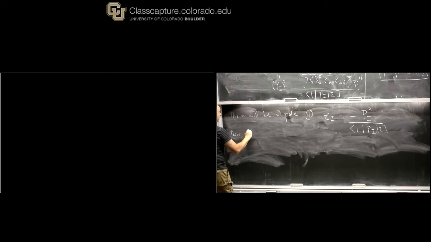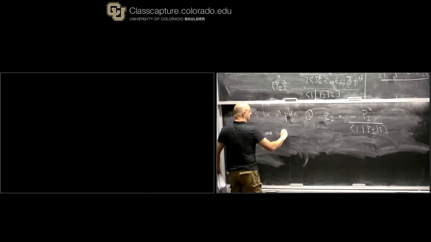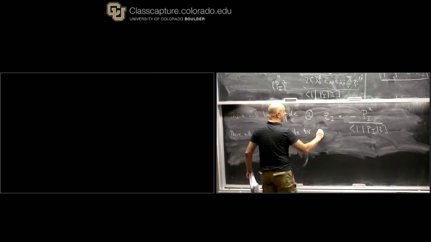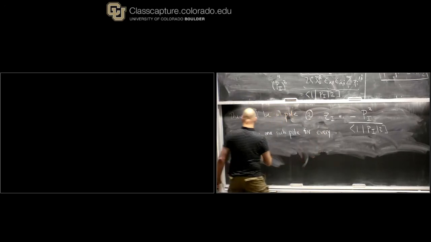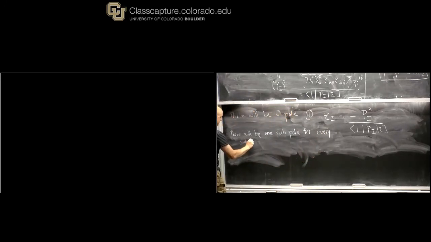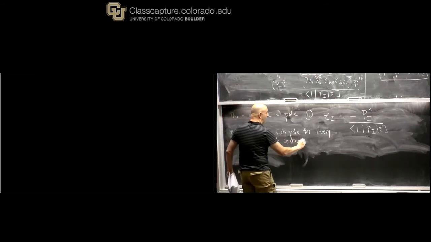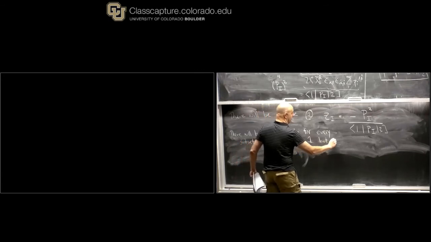There will be one such pole for every subset I that contains 1 but not 2.